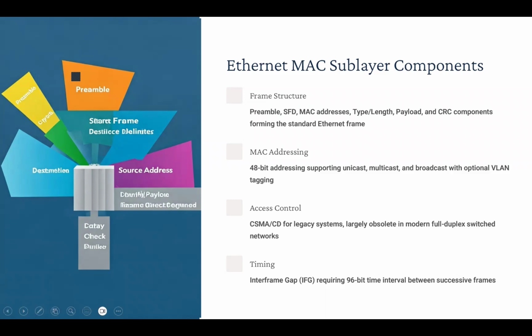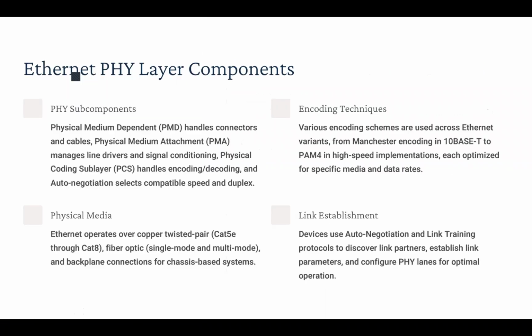Okay, so from the physical layer components, 802.3 uses copper or fiber and modulation schemes like NRZ, PAM5, or PAM4. However, 802.11 uses an RF spectrum with OFDM.